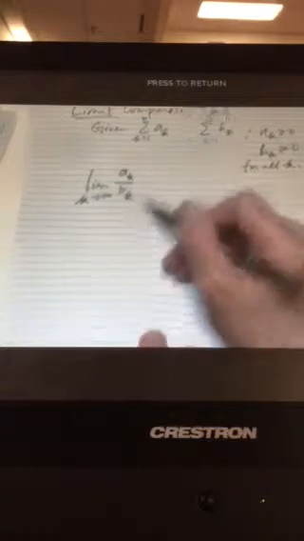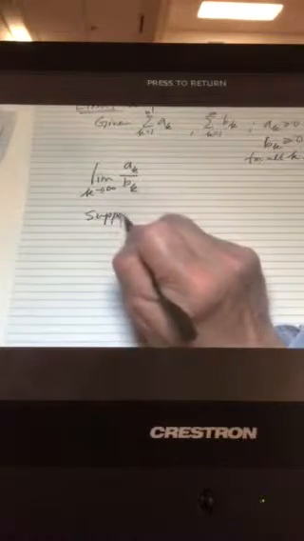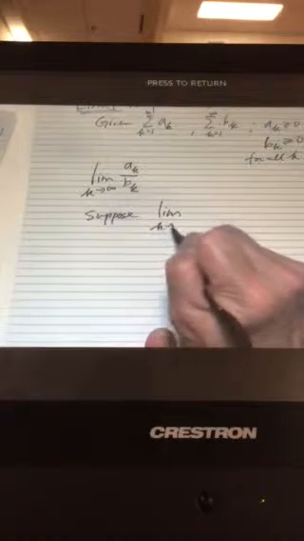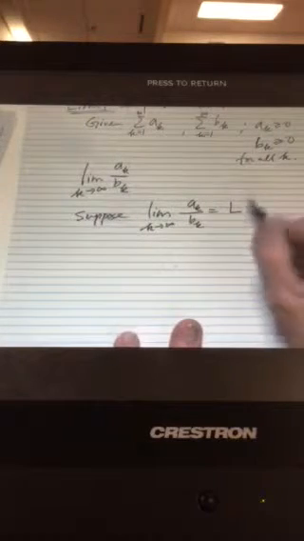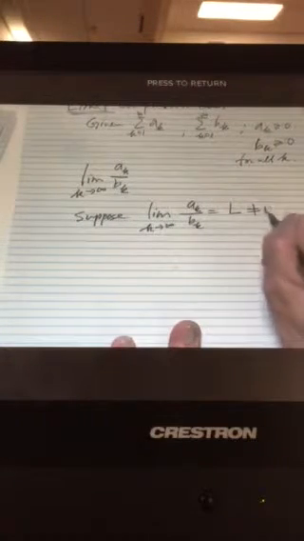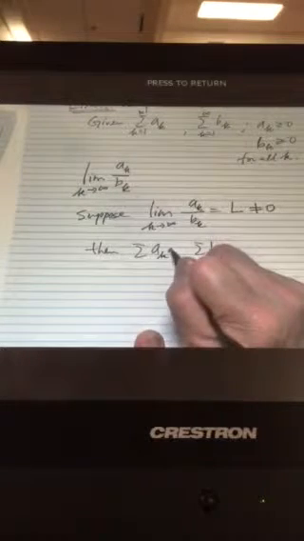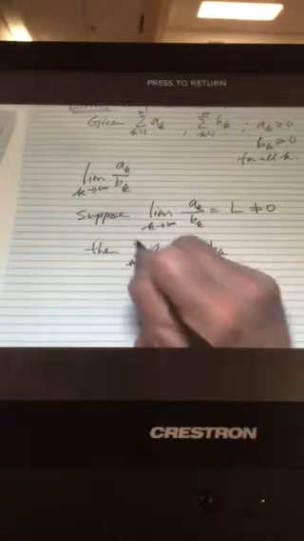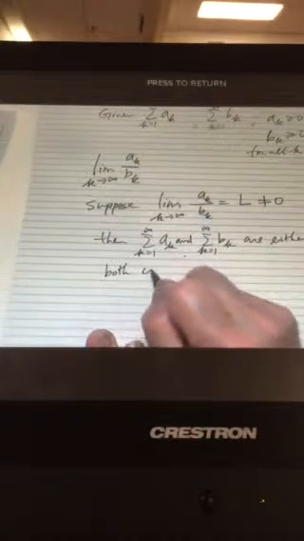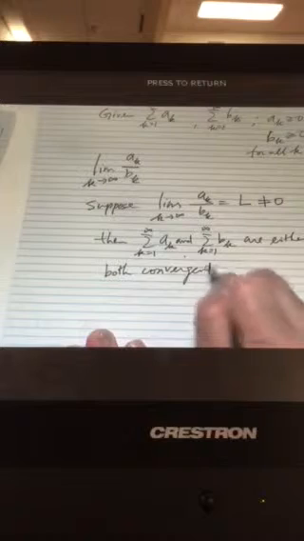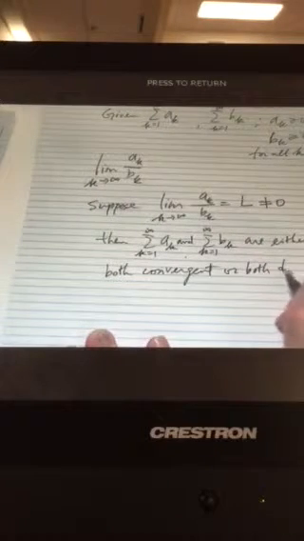So suppose this limit exists, equal to a number, and this number is not 0. Then these two series are either both convergent or both divergent.